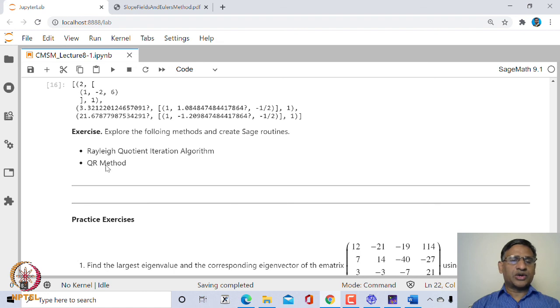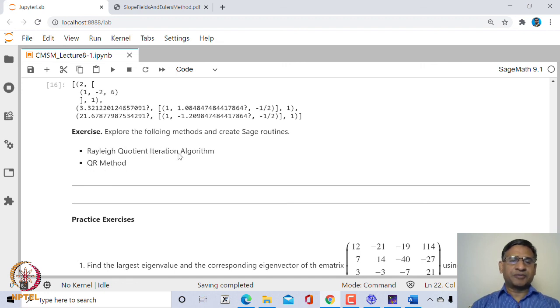The other one is called the QR method, which uses QR factorization, and in this case you can find all eigenvalues and corresponding eigenvectors together. Although this method is quite expensive, because at every stage you need to compute the QR factorization of a matrix, in the case of a small matrix you can try it out.